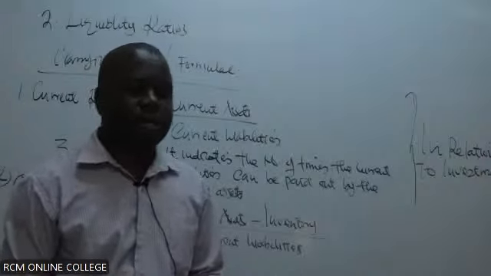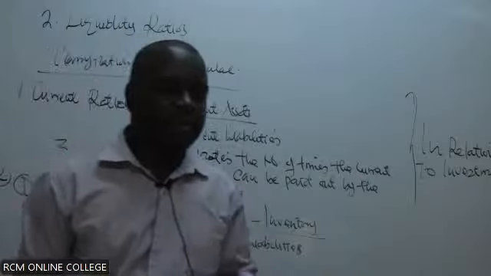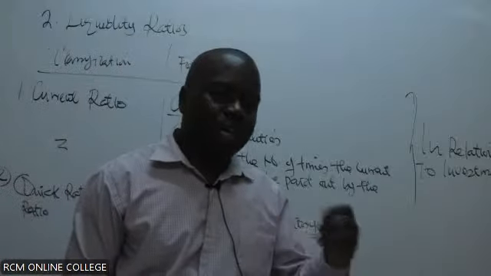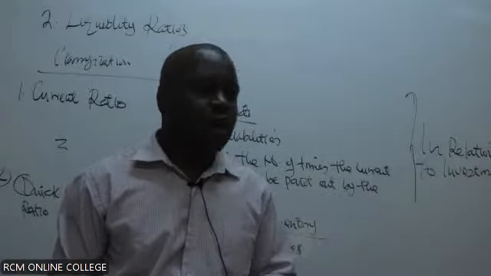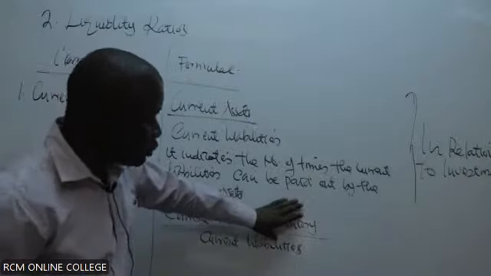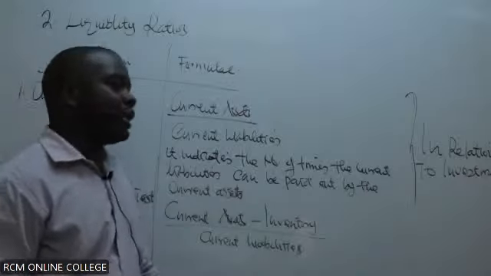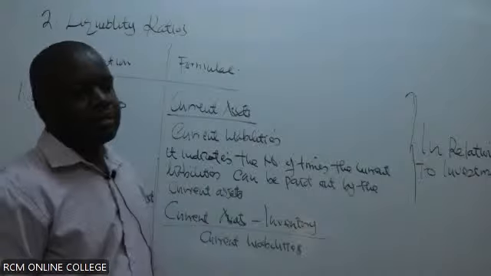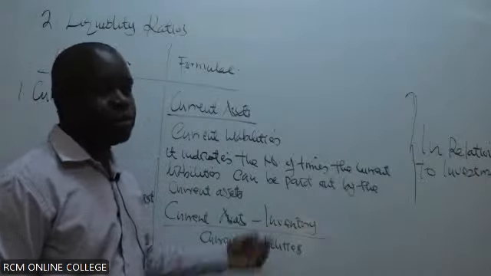You can at least call them, tell them, my debtors, pay me my money. That is already money you have, it is only that you haven't been paid. So it is easy to get it. Compared to the items you have on shelf that you haven't sold, you never know. Either a customer will come or he won't come. So these ones are not quite easy to convert into cash immediately compared to the others.